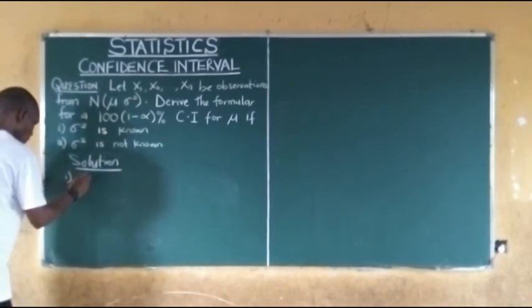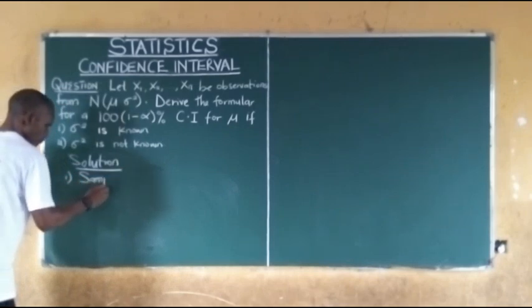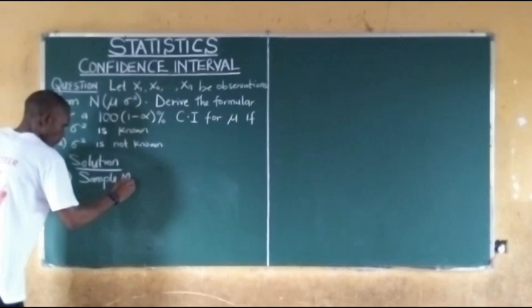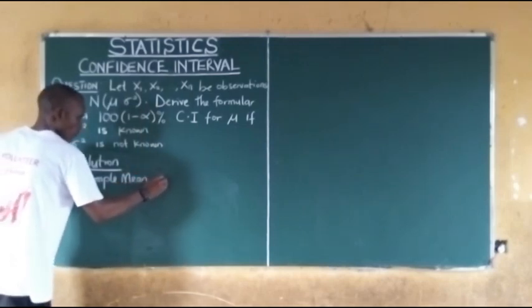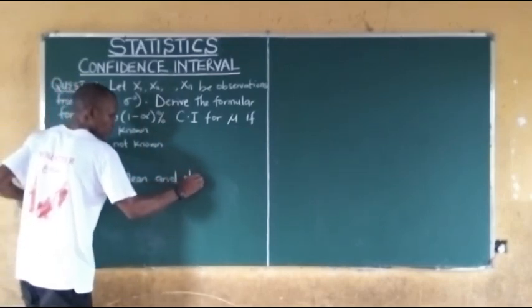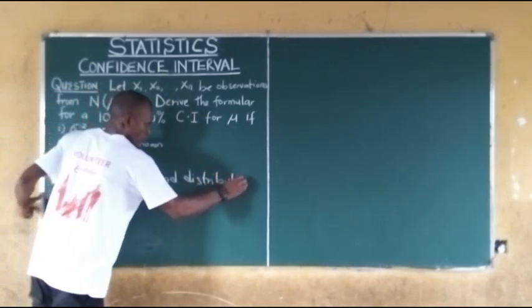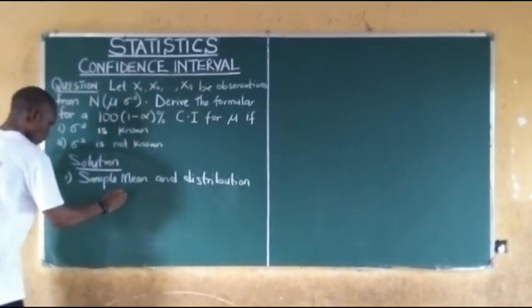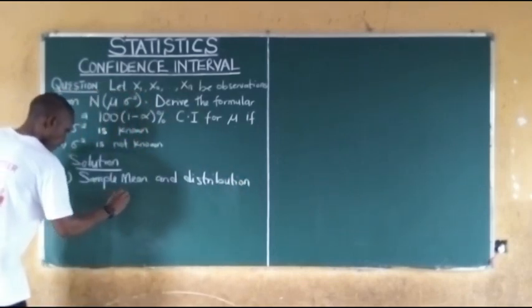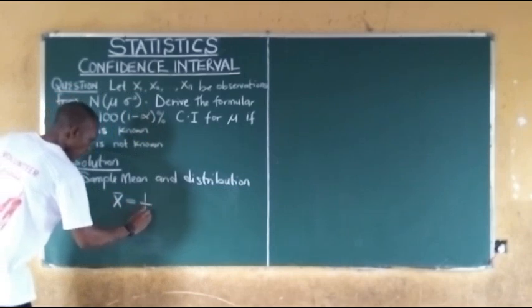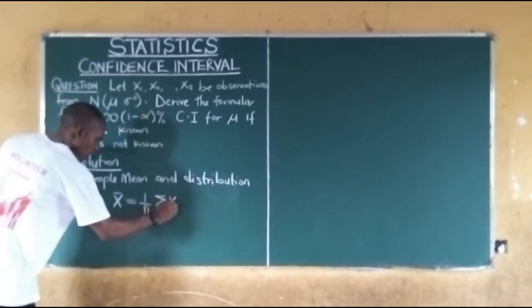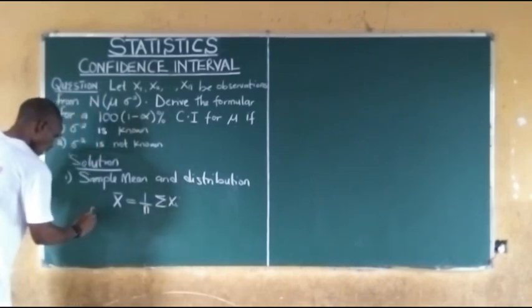One, we should recall that for the sample mean, x bar is equal to 1 over n summation of the xi's.